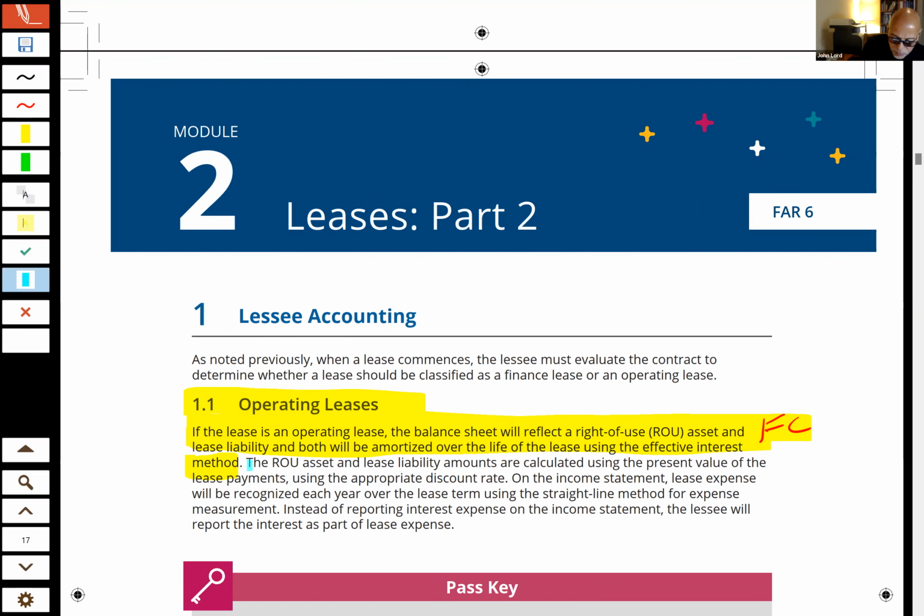Now, the right of use asset and lease liability amounts are calculated using the present value of the lease payments using an appropriate discount rate, okay? You don't have to flashcard that.